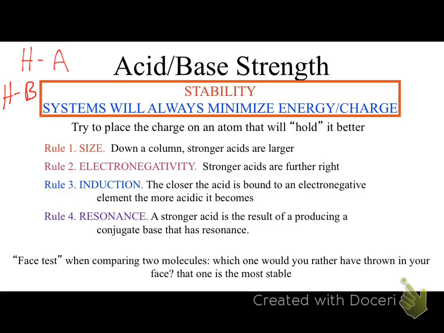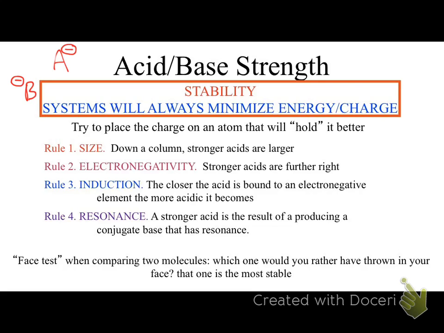Ultimately we're referring to the conjugate base. If we get rid of that hydrogen, it's going to leave a charge. And what charge would it leave? A negative charge on our other species. And if we now try to compare A and B, our stronger acid is going to be the one that can stabilize that negative charge better.